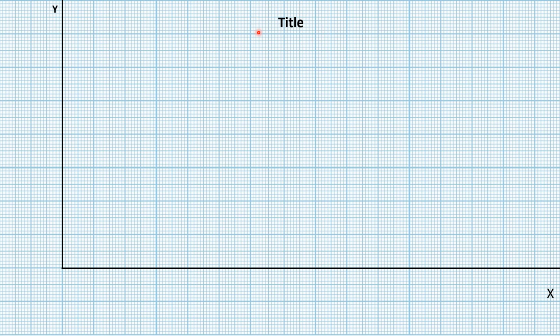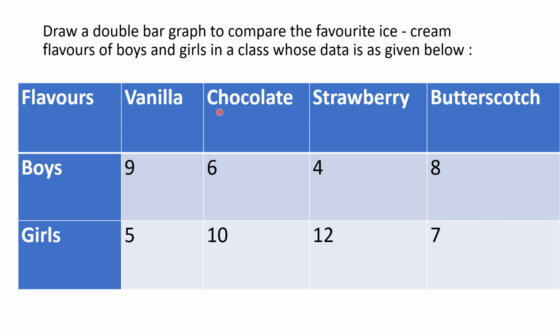Here we have to write the title, and here we have to write the scale. Just observe the question again, what is the title and what would be the scale. This question is about the favorite ice cream. It means the title of this double bar graph will be favorite ice cream.